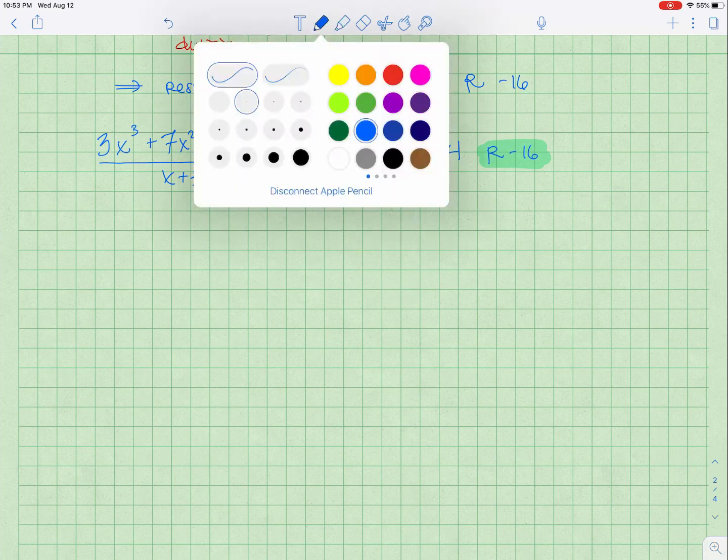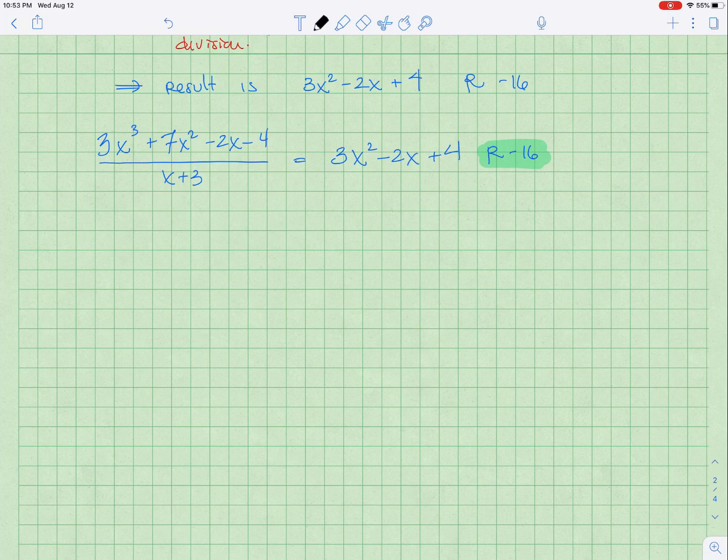What am I talking about? Well, if you were to do something like 9 divided into 432, let me change that because 9 actually goes into that evenly. Let's do 435.